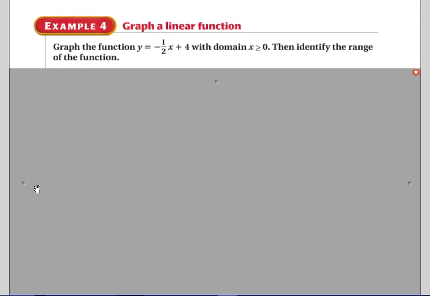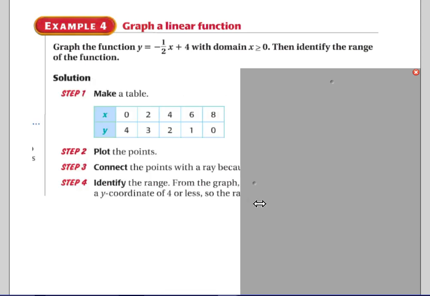Let's go through this step by step. First step, make a table. We're picking numbers above 0 because that's what the domain told us to do. In this case, they picked 0, 2, 4, 6, 8. You could have picked 0, 1, 2, 3, or 0, 2, 5, 7, whatever, as long as they were larger than 0.